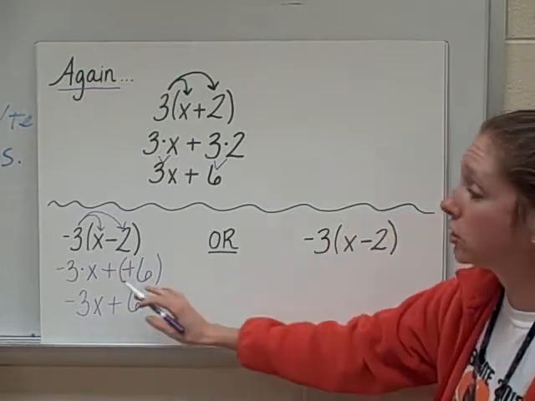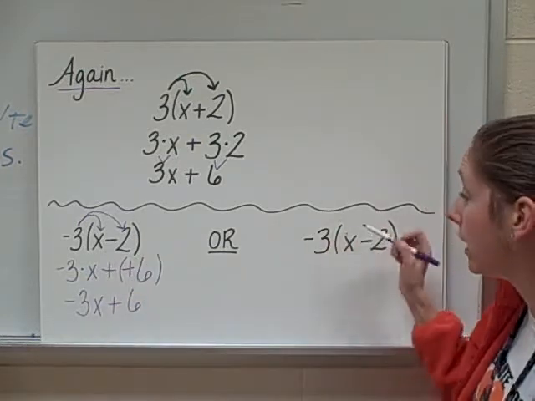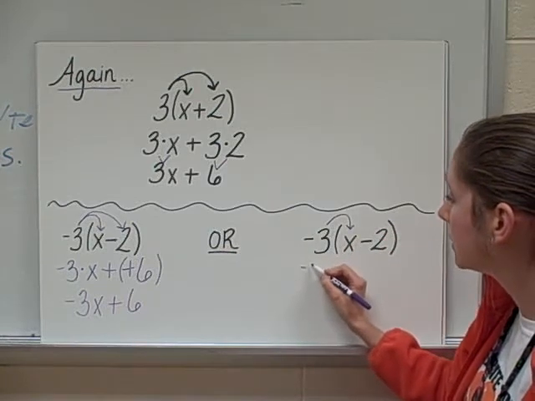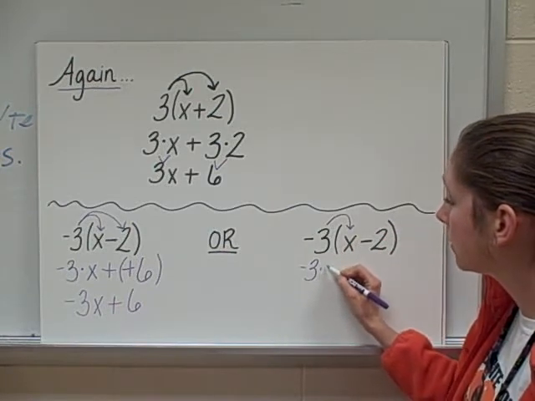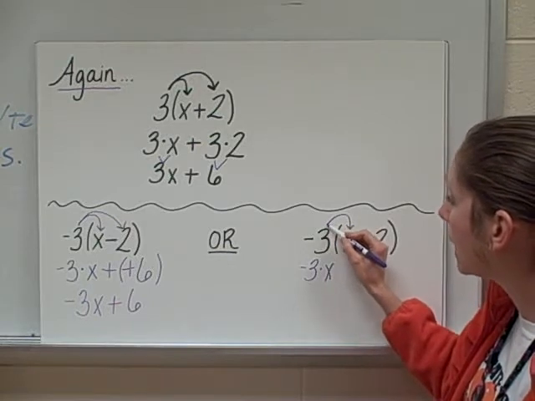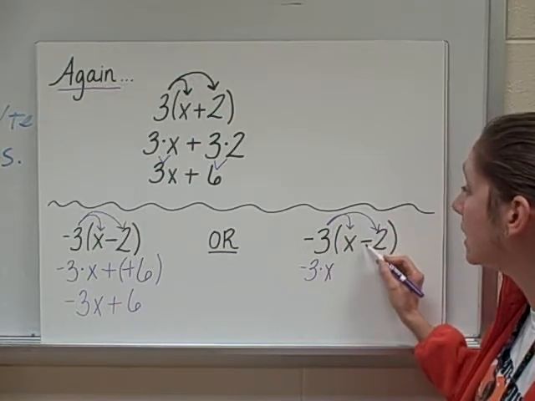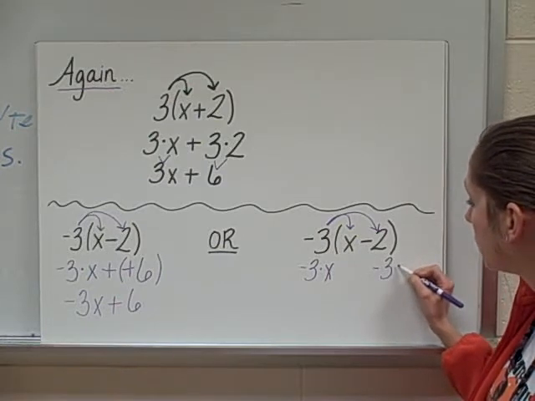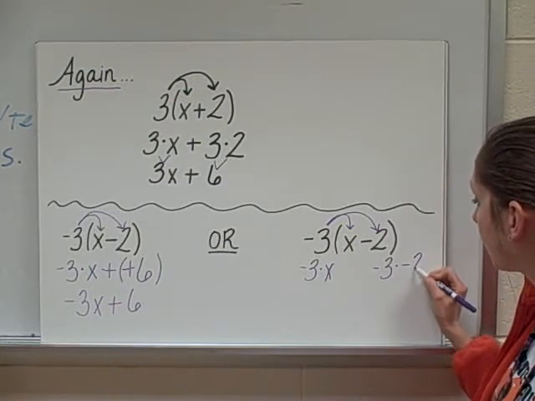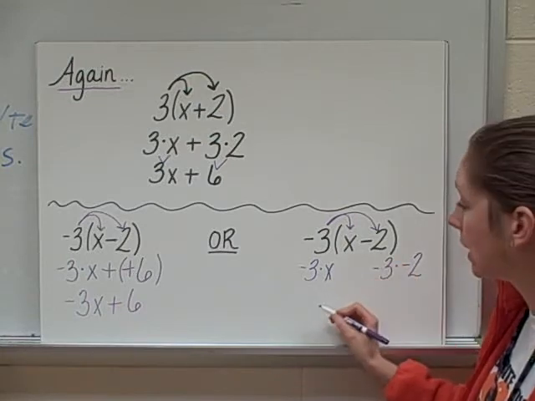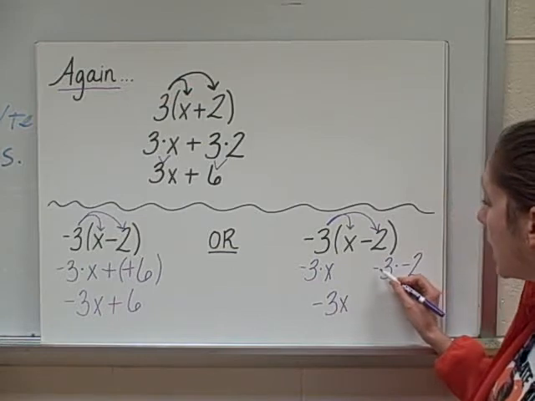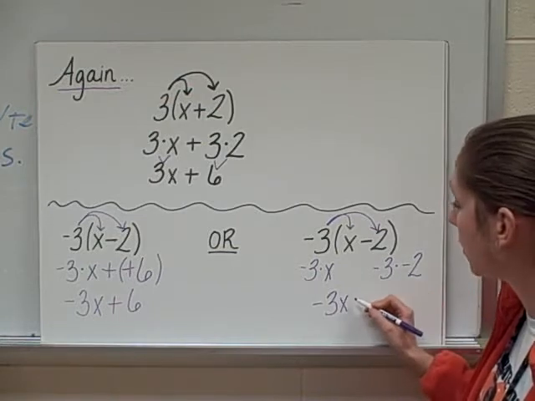Some students like to do it a little bit differently, and both ways are fine. If I said -3 times x and -3 times -2, look at what happens. -3 times x is -3x, and -3 times -2 is positive 6.